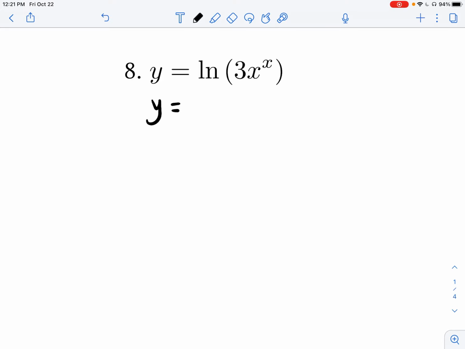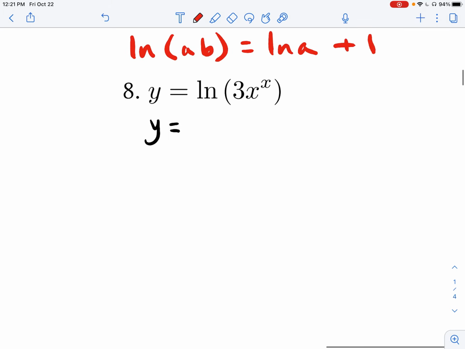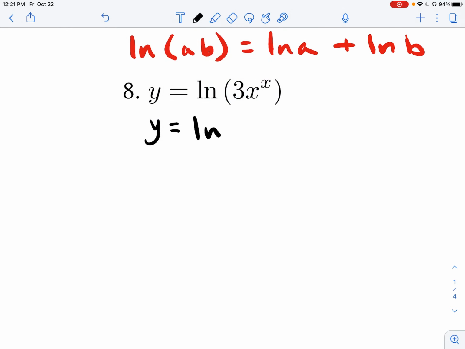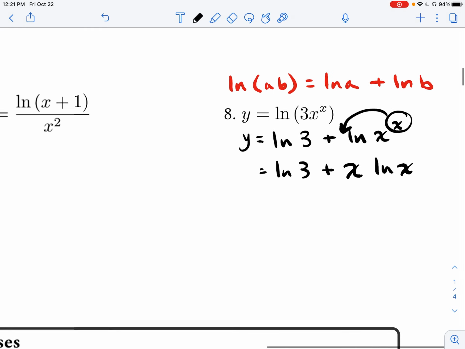First off, we can rewrite this as, if we remember, that the natural log of a times b is equal to the natural log of a plus the natural log of b. So using that bit of information, we can write this as the natural log of 3 plus the natural log of x to the x power. And if that's the case, we can then further rewrite this as x times the natural log of x. Well, x times the natural log of x, we already did that right above.